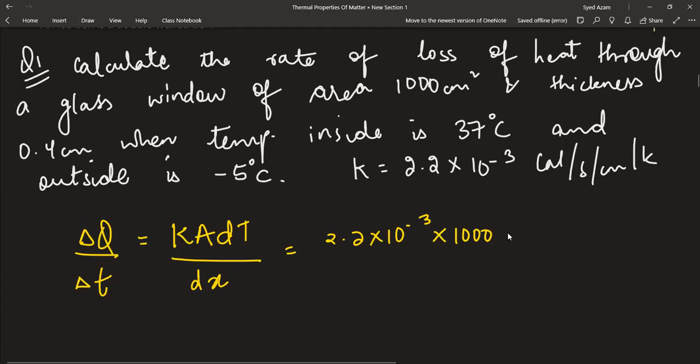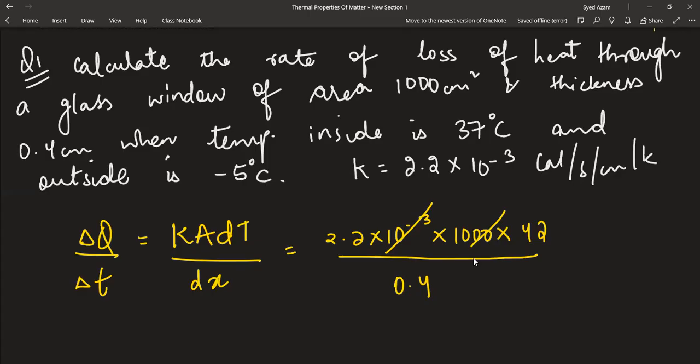So 1000, into change in temperature, 37 minus 5, so that will become 42, divided by thickness, 0.4 centimeters. So 1000 will be cancelled. This can be solved. Whatever will be the answer will be calorie per second because this is in CGS.